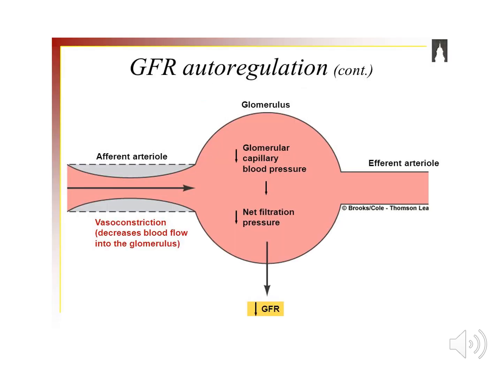Now that leads us to some interesting situations, because sometimes we want to control how much filtrate we're making. So we may decide to dilate or constrict our afferent and our efferent arterioles to achieve the desired effect. Now in this slide, we see that the afferent arteriole has constricted and the efferent arteriole is dilated.